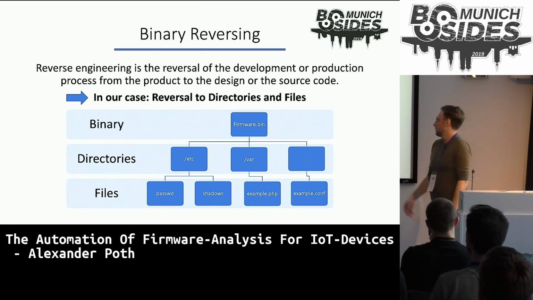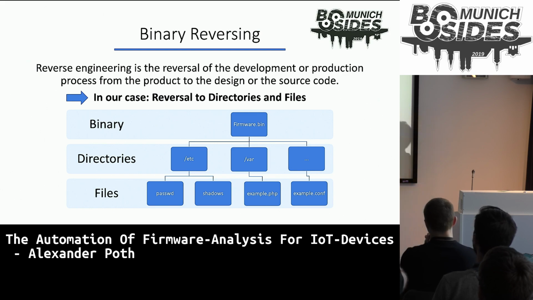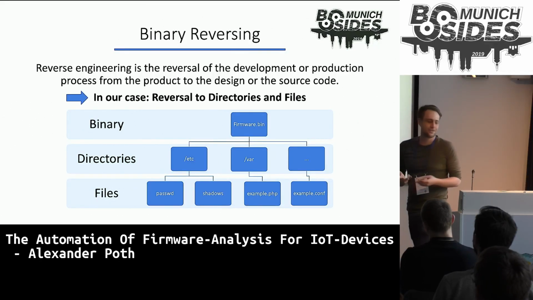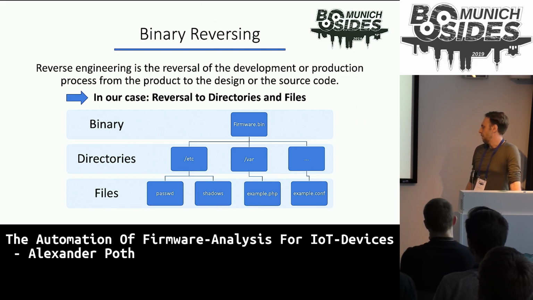Like you can see here, we have a firmware binary, and we try to get out our Linux directories, such as etc, var, proc, opt, etc. And maybe we can find any interesting files in there, for example, any credential files, PHP and web files in general, or config files. And of course, you can do this process manually by yourself.